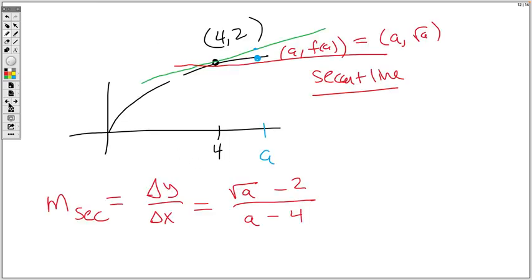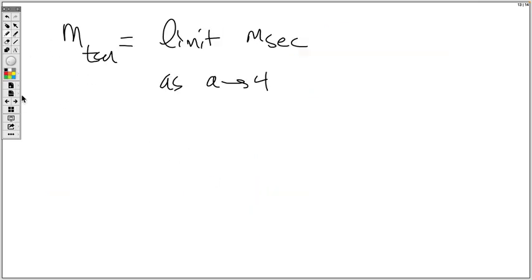I think I want to call it... Yeah. Let's just call these x's. So then x can move. And then we'll have the limit as x goes to 4.